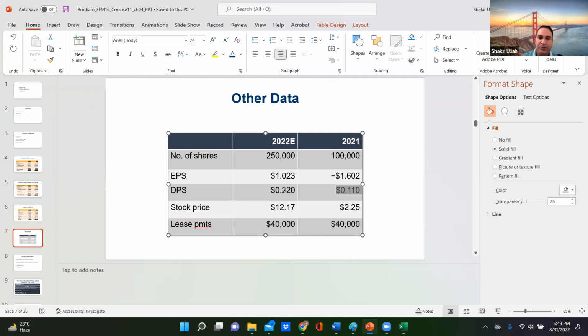If they pay 22 cents to each shareholder, they can still pay it from the earnings, right? But last year, they had a negative earning. How can they pay a dividend?